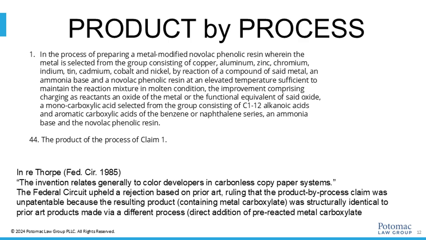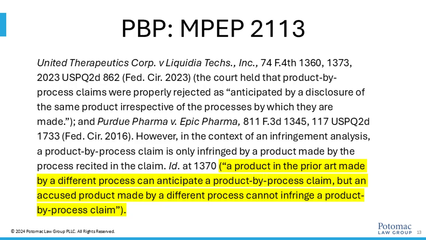Now, why am I looking for this type of claims, or in general, even the hybrid ones? What's the law behind product by process claims? I've copied a section of MPEP section 2113, which lays down the law as it stands today. The point being that the product by process claim can be considered unpatentable.